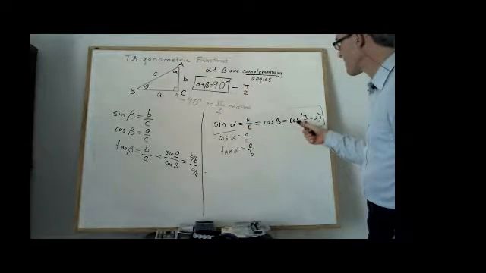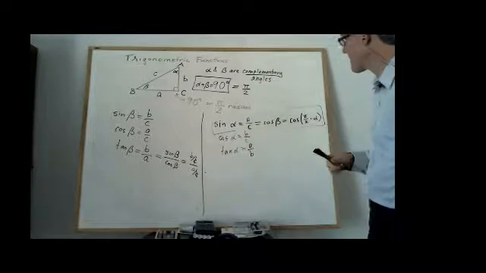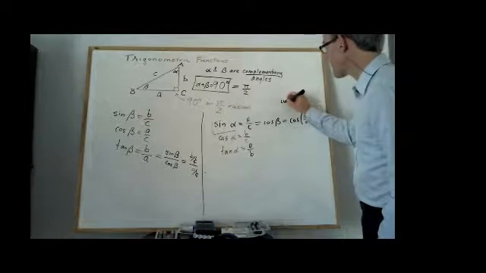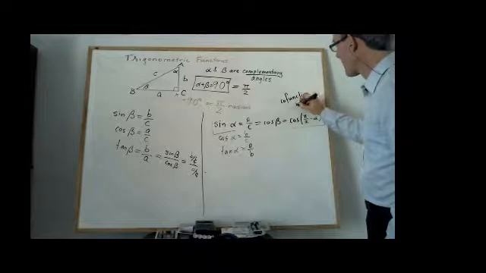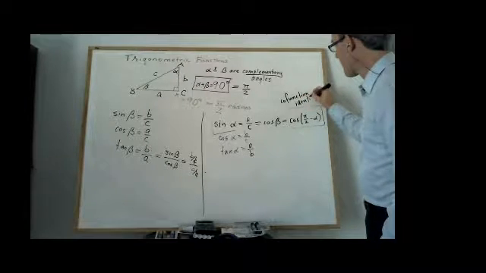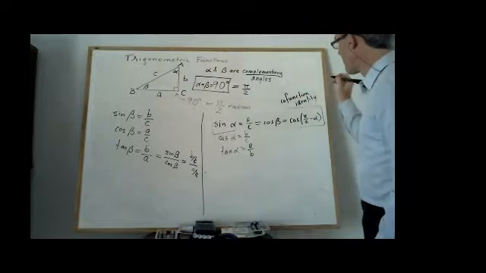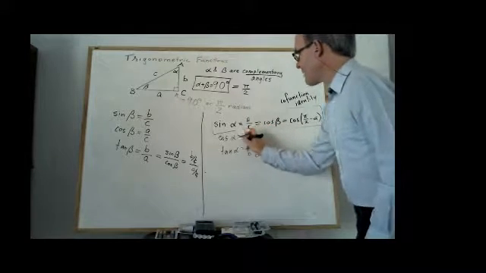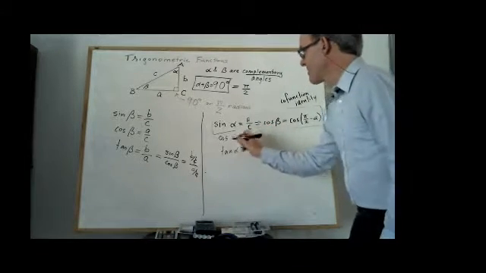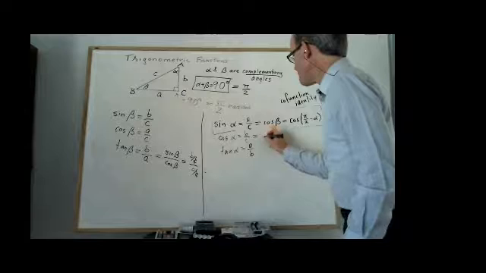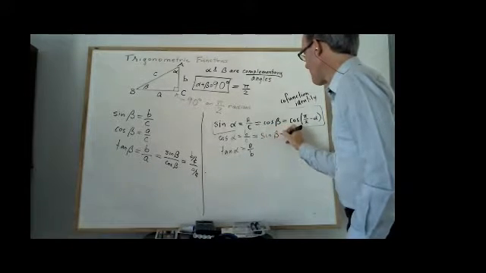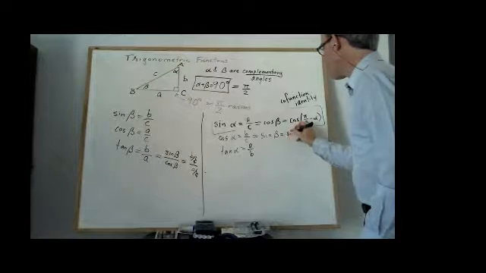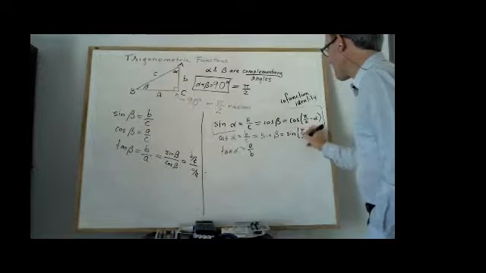Sine of alpha is equal to the cosine of pi over 2 minus alpha. That's called a cofunction identity. And similarly over here, cosine of alpha is the same as the sine of beta, which is the sine of pi over 2 minus alpha.